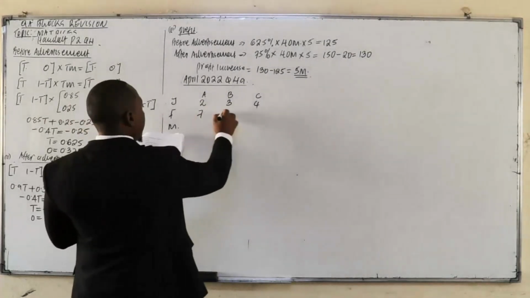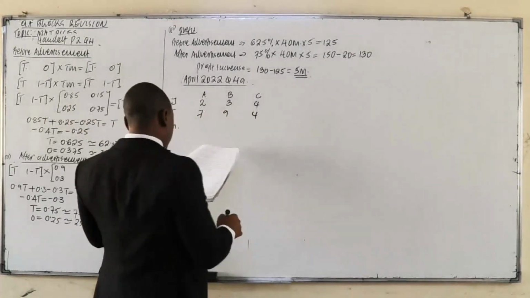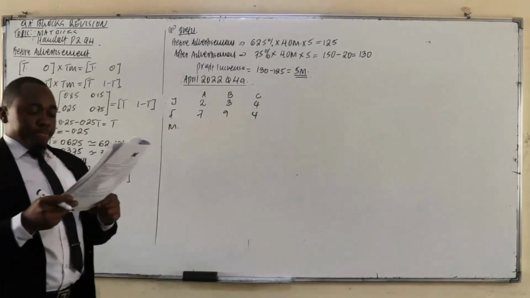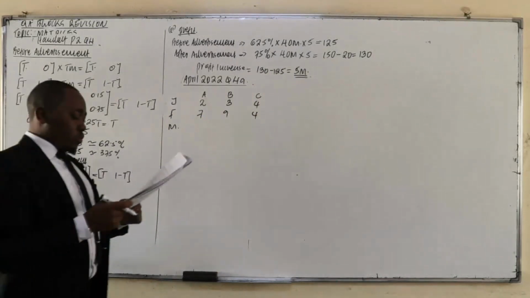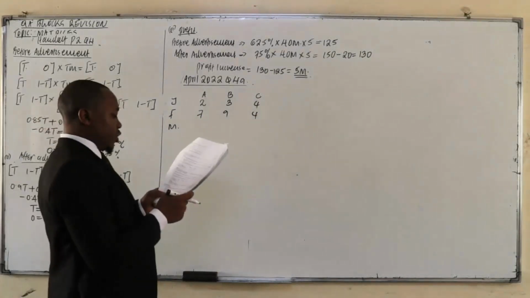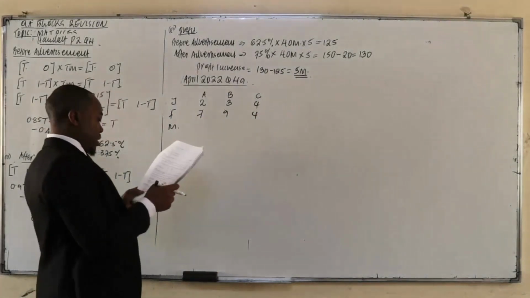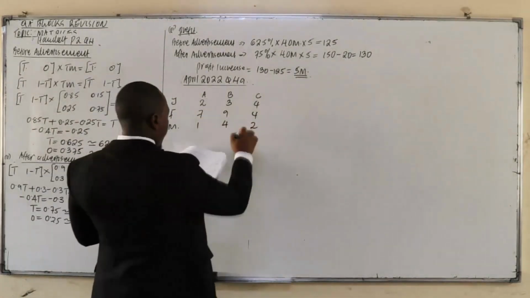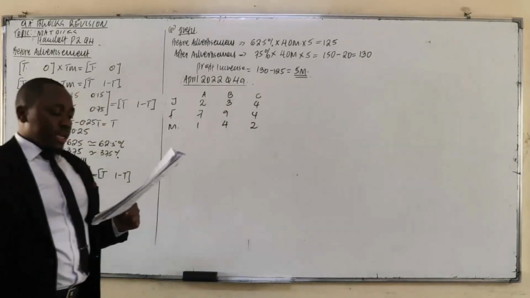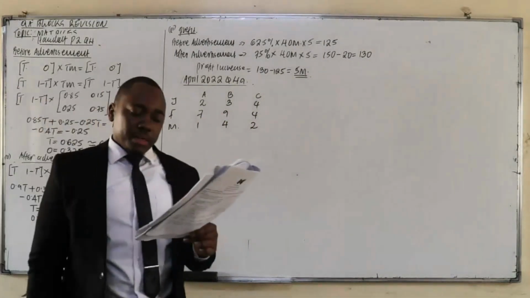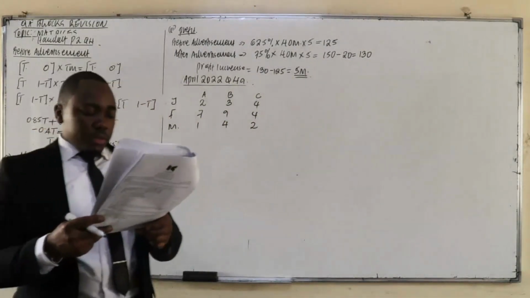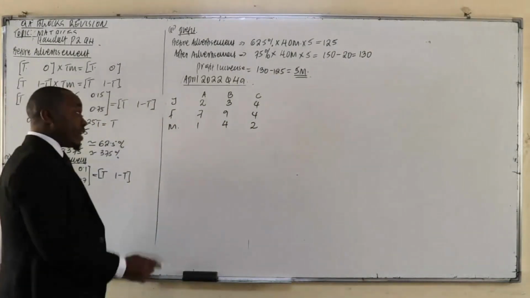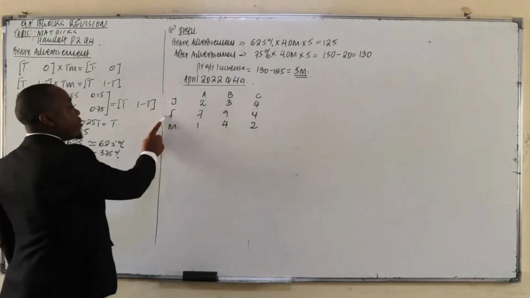And during the month of March it is 1, 4, and 2 for products A, B, and C respectively. Then there is the total profit for the month of January, February, and March.